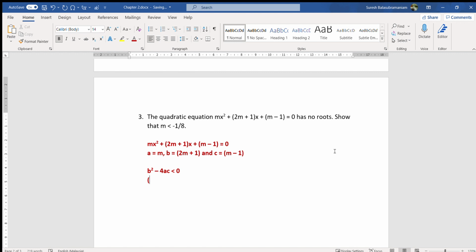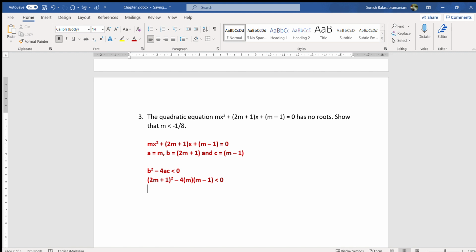So b is 2m plus 1, so (2m plus 1) square minus 4, a is m, c is m minus 1, less than 0.